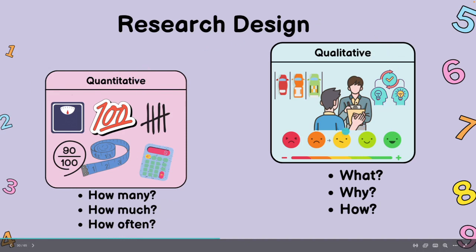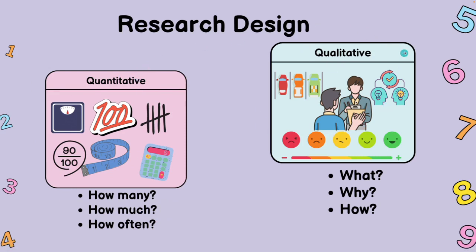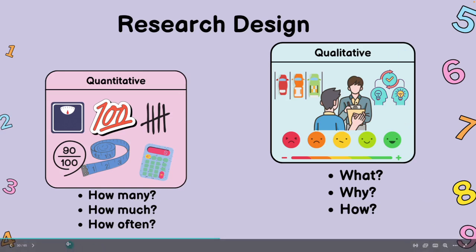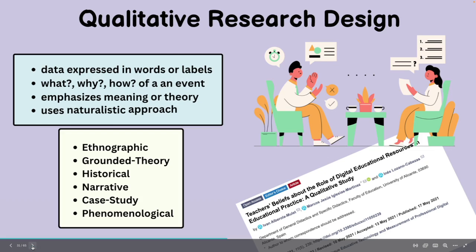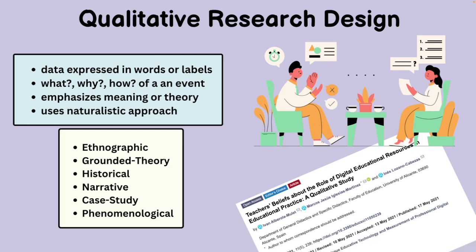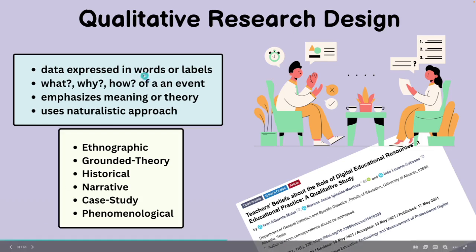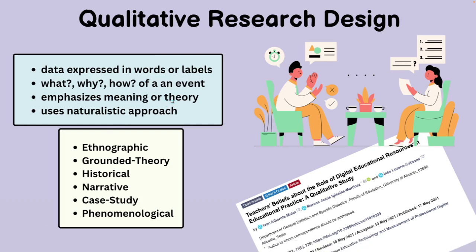And qualitative research answers questions of quality, of category, of label. So the what and the why and the how. That's what the qualitative design would be answering. Qualitative research emphasizes meaning, or it helps to develop a theory.